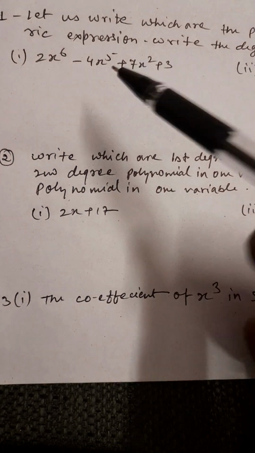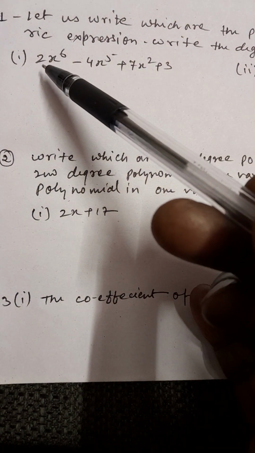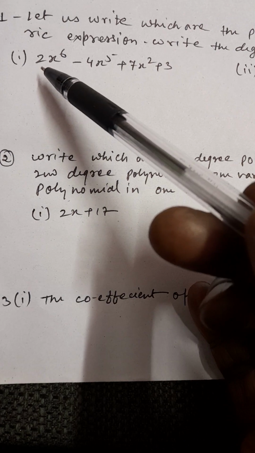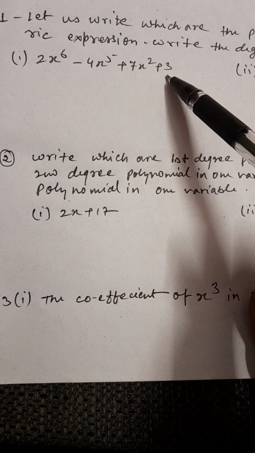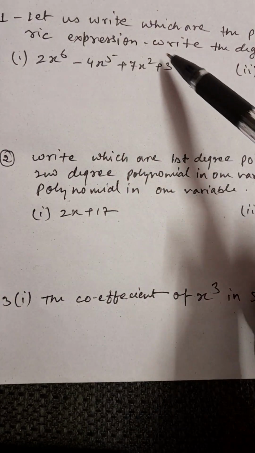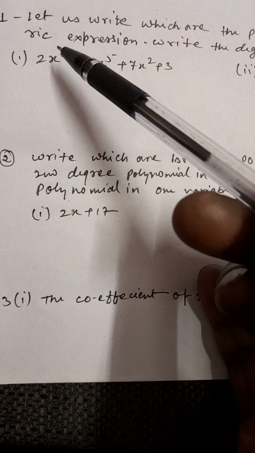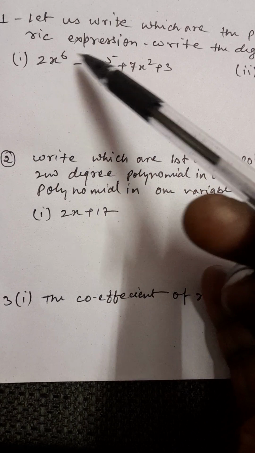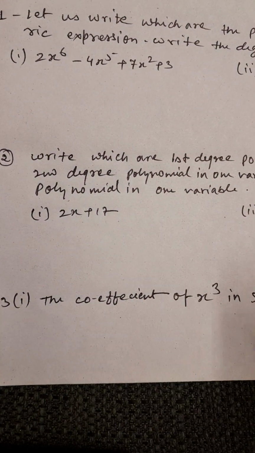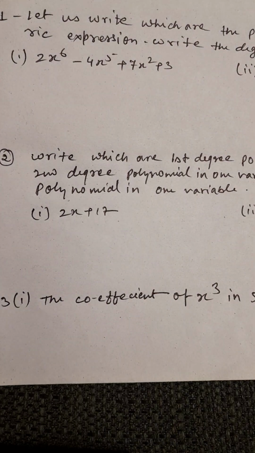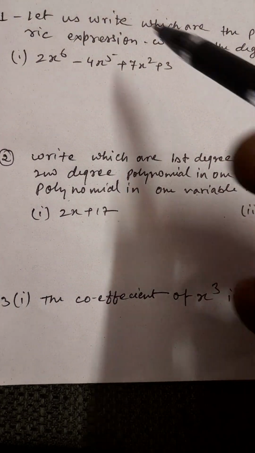So we can see that these are all different terms. This is term 1, second term, third term, fourth term. So it is a polynomial. And you also have to see the powers. The powers are positive. I told you that powers should be positive. So all the powers are positive, so we can say that it is a polynomial.